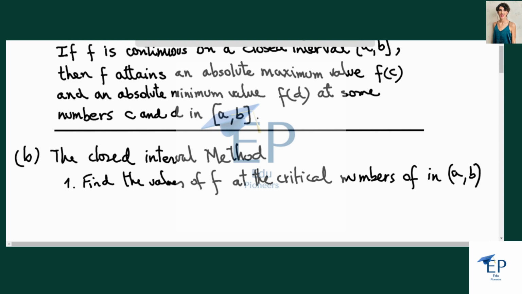That is, we find the first derivative of f and all the values in the open interval (a, b), that is excluding the endpoints, for which the derivative doesn't exist or is equal to zero. All those points have to be considered in step one. That is, we evaluate the function at those critical numbers that are within the interval (a, b).